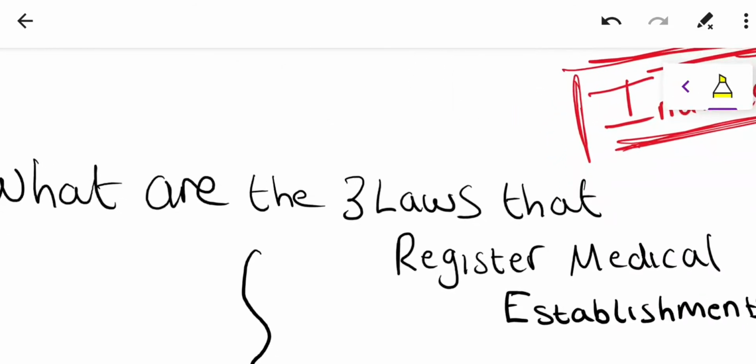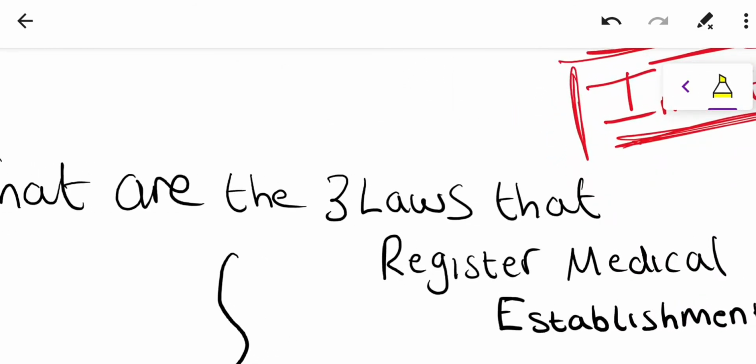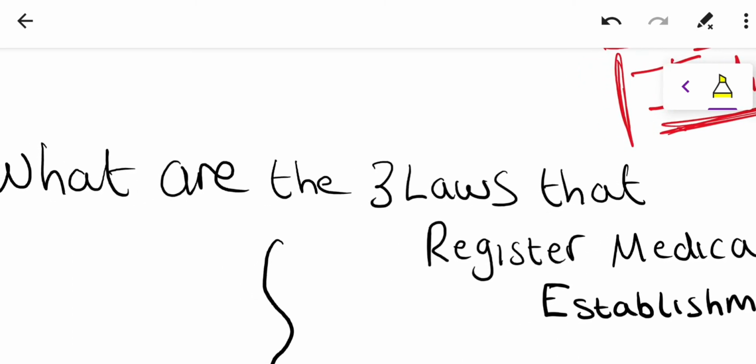Now, the thing that will distinguish your answer from another answer you could have is the word register. We haven't been taught this, to be honest, in the lecture.